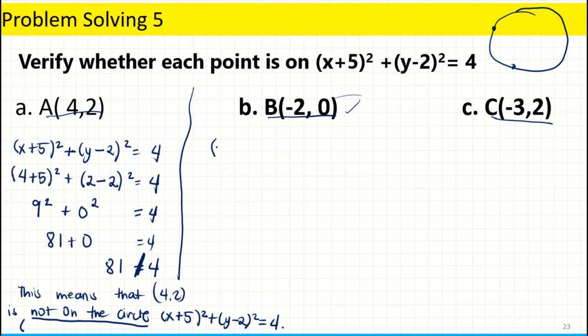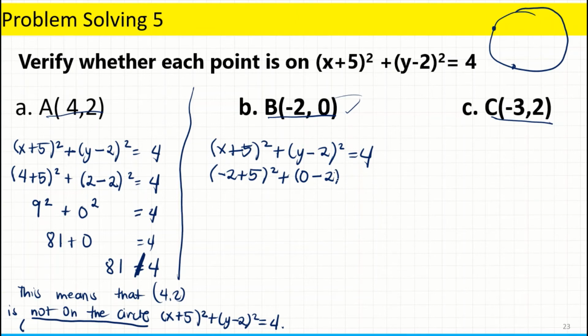So, we have (x plus 5) squared plus (y minus 2) squared is equal to 4. Substituting the values, x is negative 2, plus 5 squared, y is 0, minus 2 squared, is equal to 4.